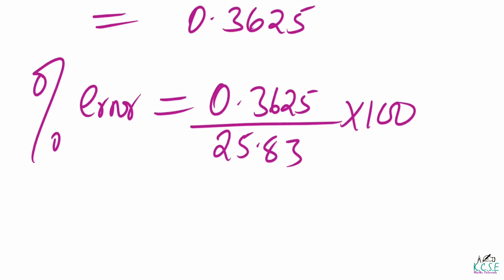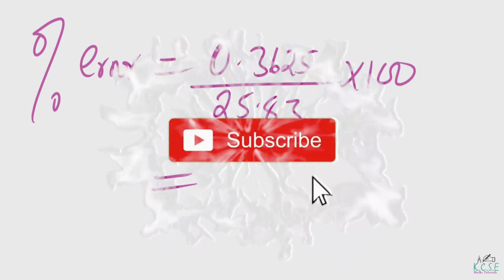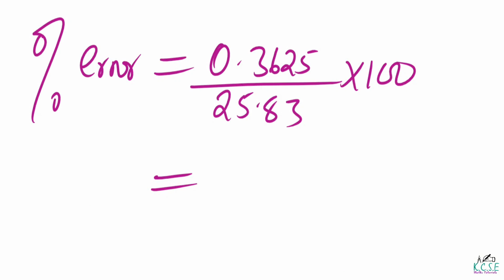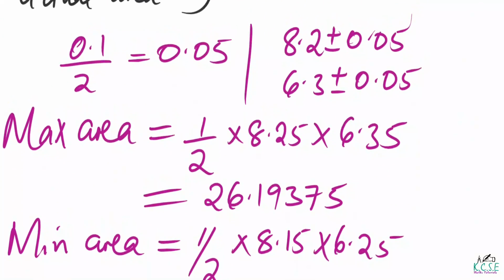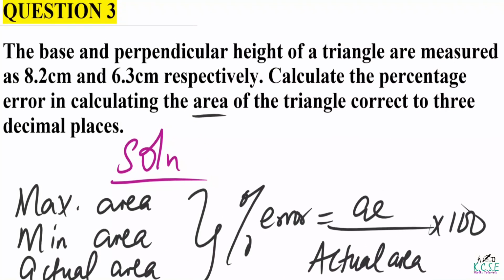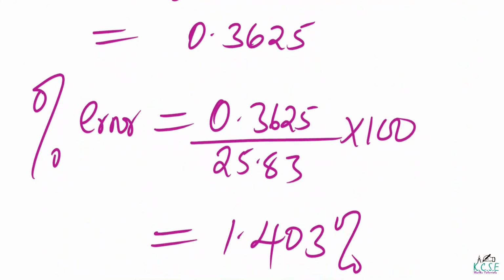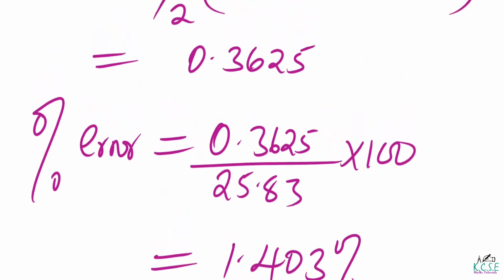So working out these using the calculator, this is what you get: 1.403. The answer you're required to give is correct to 3 decimal places, and therefore that is how you're supposed to do it. So that is how you're supposed to solve that question.